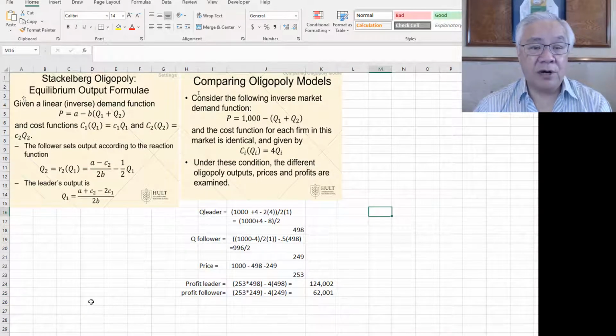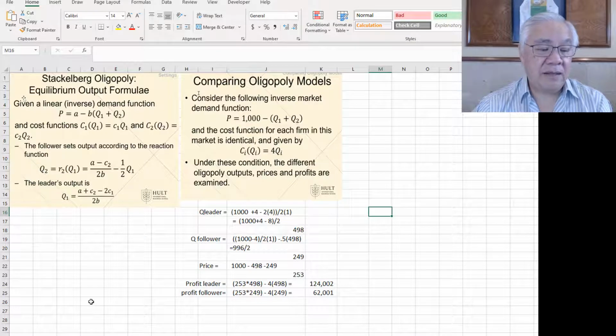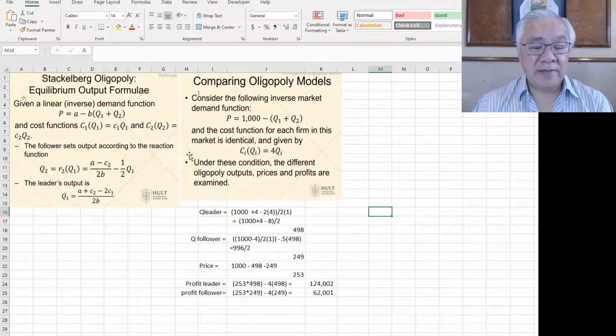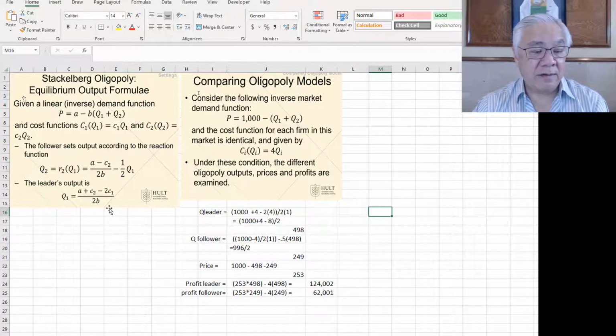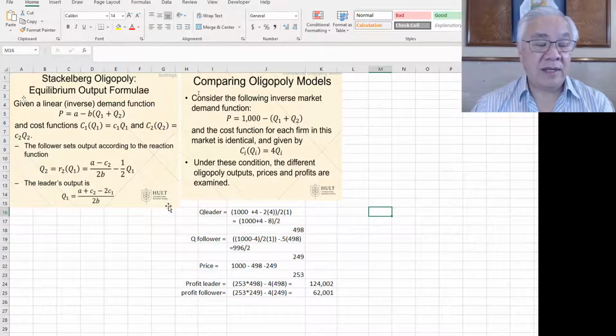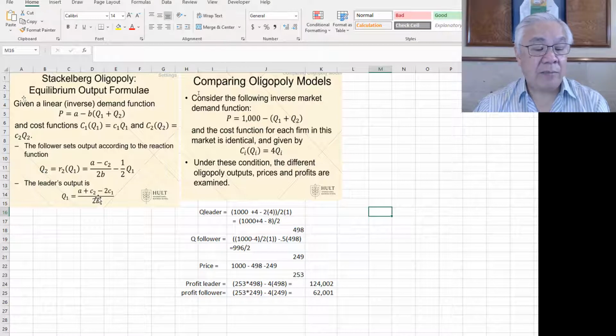Under the Stackelberg, we see here's the formula, and here is the specifics. So again, we'll plug in the numbers based on this generic formula and the data provided. So we start with the leader, because this is one where the leader sets and then the follower follows. So the leader's output is right here.